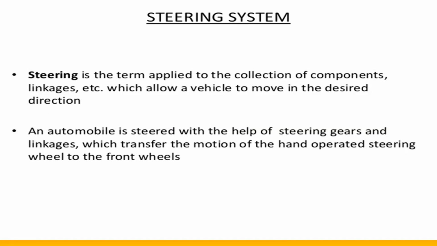Many different components are assembled to form one component, that is the steering system. In it, we use different types of mechanisms, parts, rods, joints, and gears that are connected to form the steering.